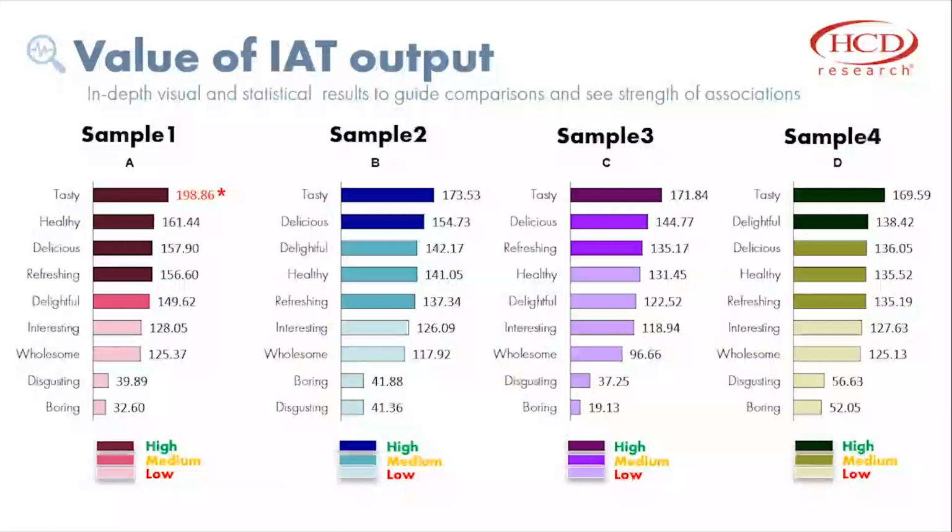That can really tell you a lot, maybe to help you improve any of the samples, or tell you which of these to move forward with. Because if your action standard is that it has to be well liked and also healthy, you want to see those connections. Right. So it just gives you that deeper insight into what you were testing. Yeah. There's a lot you can do with it.